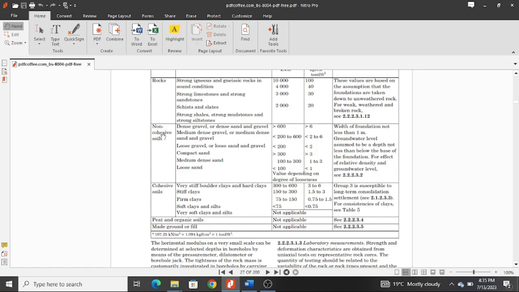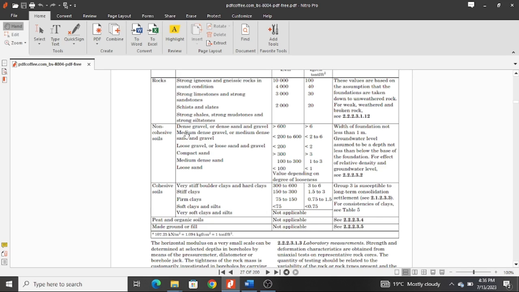Then when dealing with non-cohesive soils, including gravel, sand, and whether dense or loose, you have values from 100 to 600. Now when you're dealing with loose sand, you have a value of less than 100, and this depends on the type of rock, the location, the depth of the water table, and all those other considerations.